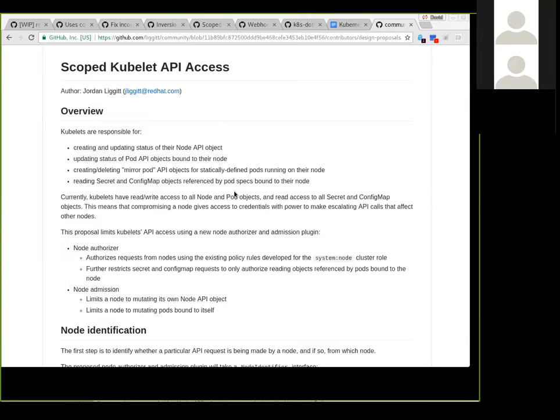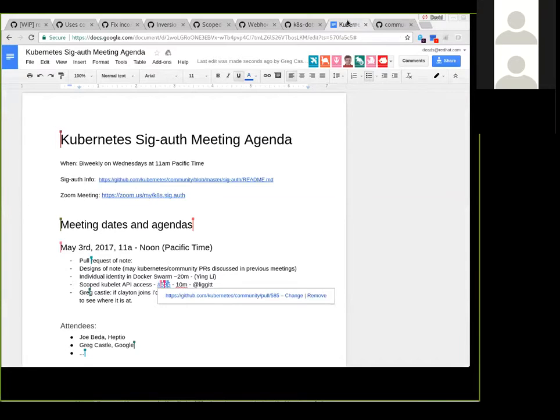And so you see in this proposal enforcing some things at the authorization point, and then later enforcing some things with an admission plugin. At that point, we have parsed the request and we have the full API object, and so we can look at particular fields and make decisions based on those fields. So that's why this is divided into two enforcement phases.